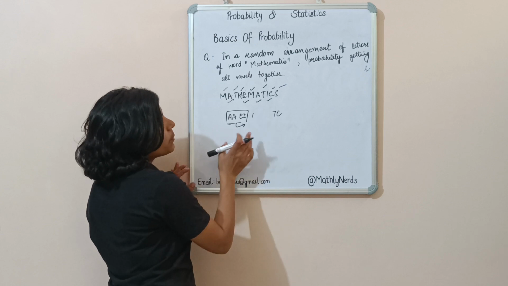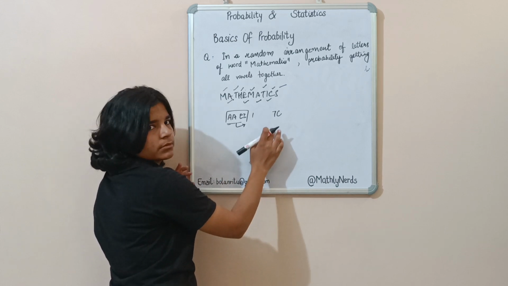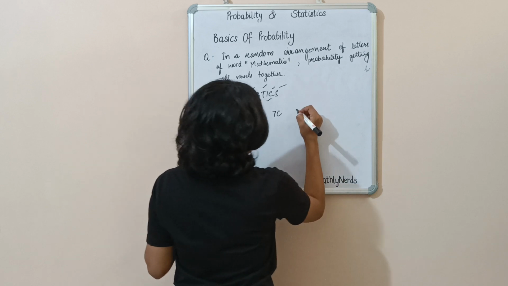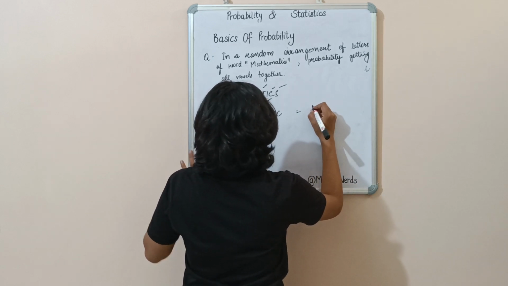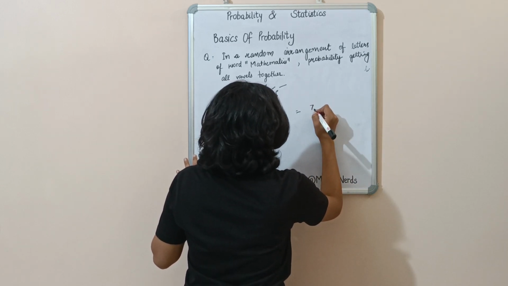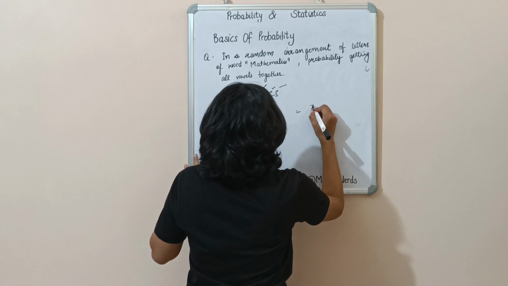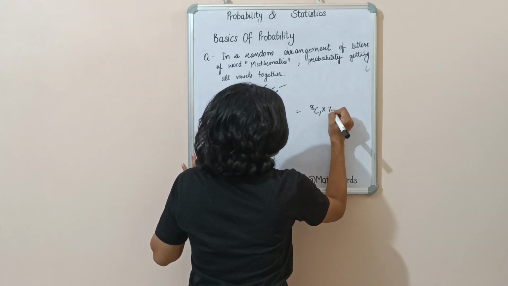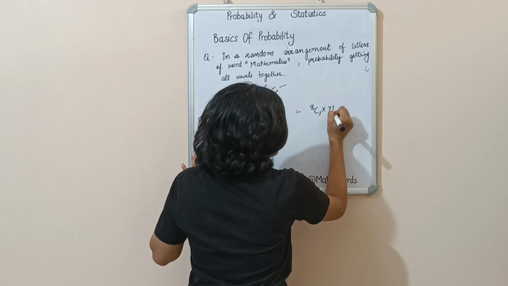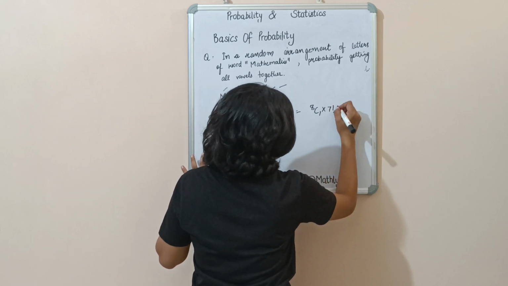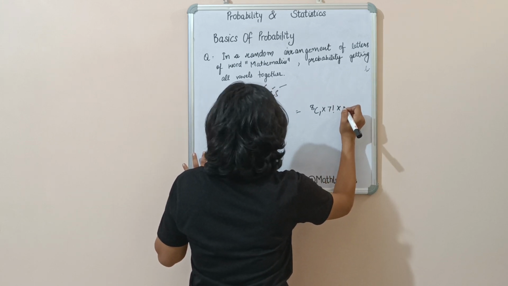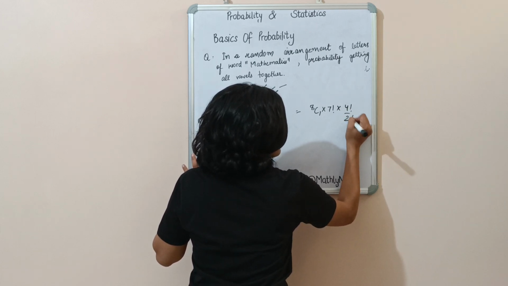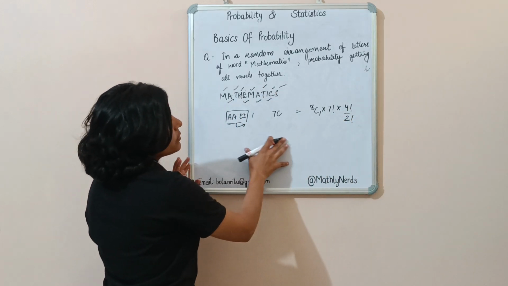We have one element as this box and 7 consonants. Now what is the number of arrangements we can get by this? Our number of arrangements will be 8C1 into 7 factorial into 4 factorial by 2 factorial. I will tell you why I am doing this.